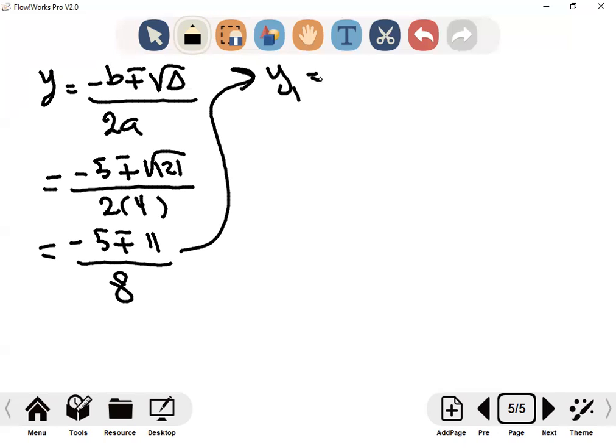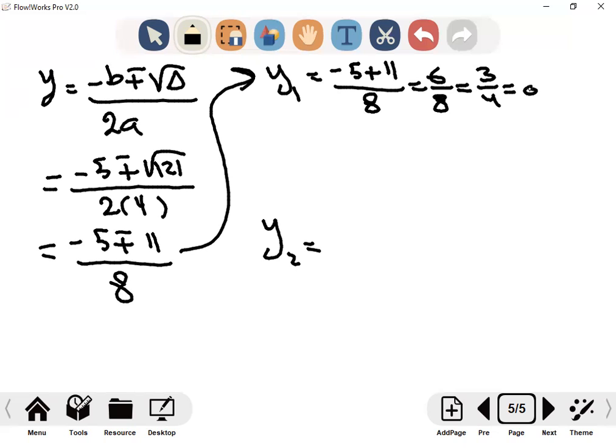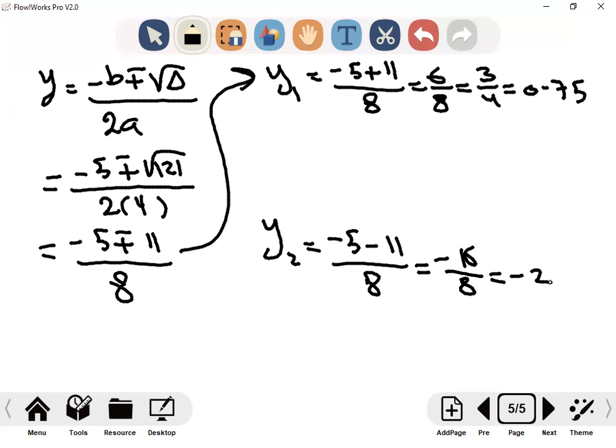So y1 and what? y1, take the positive one, negative 5 plus 11 over 8, means 6 over 8, means 3 over 4, means 0.75. Let's go to find y2. y2 is negative 5 minus 11 over 8, negative 16 over 8, negative 2, right?